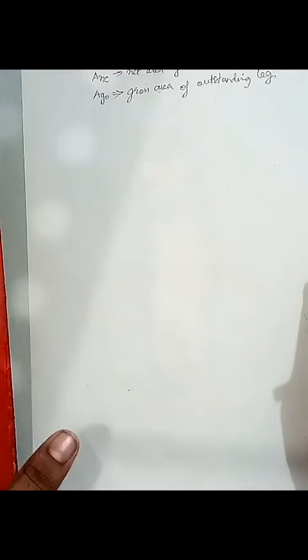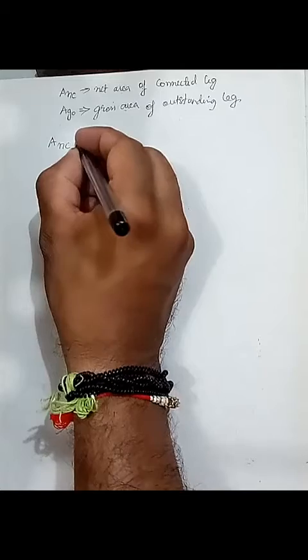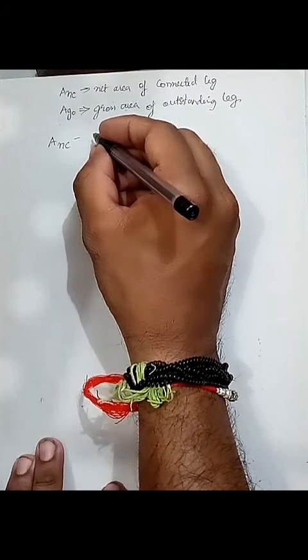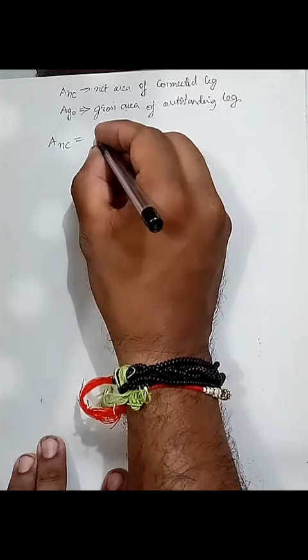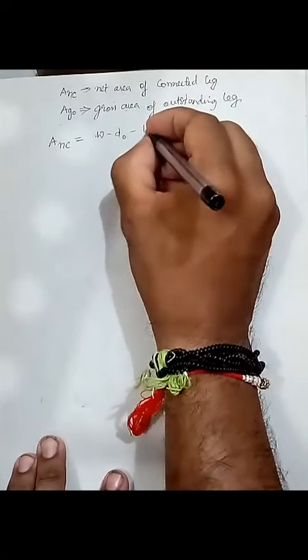Okay, so let's just calculate. What are AGO and ANC? Coming back to ANC, I'll write it as W minus D naught minus T by 2, into T. So this is ANC, you have to keep this in your mind.